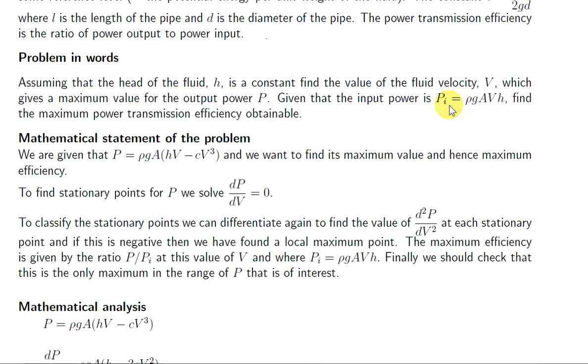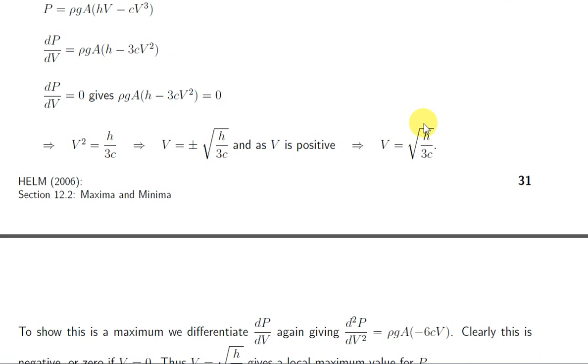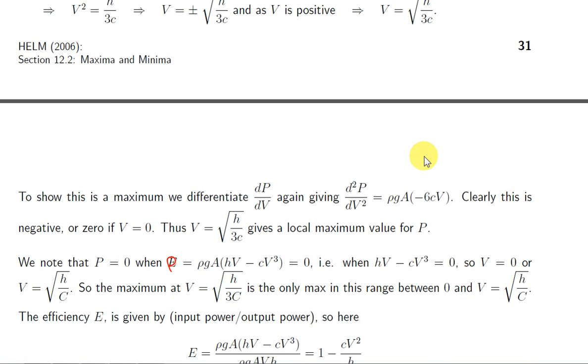Suppose the input power P_i is given by ρ g A v h. Find the maximum power transmission efficiency obtainable. Well, we need to get the output power for the value of v that we just got. That is v equals root h over 3c.